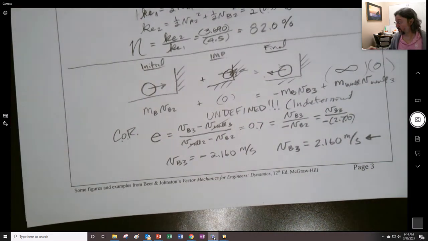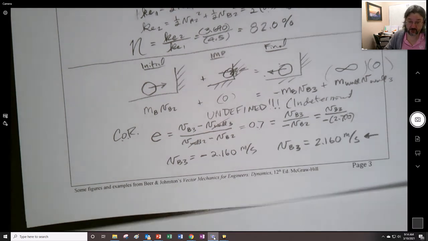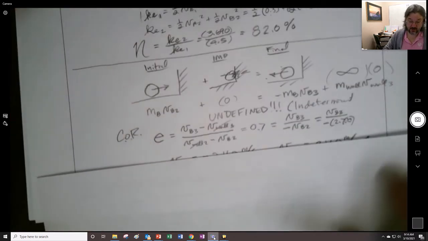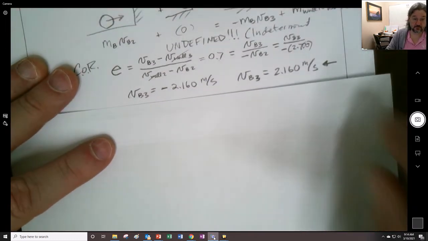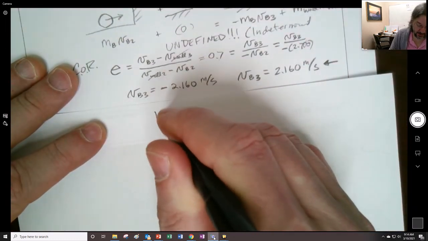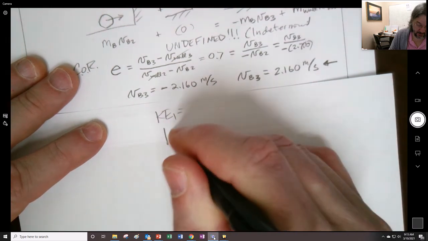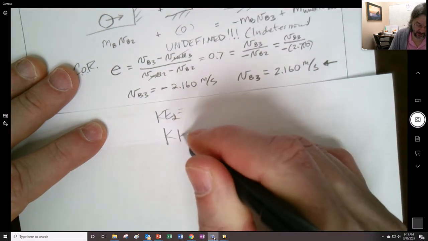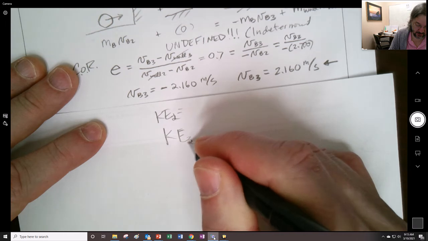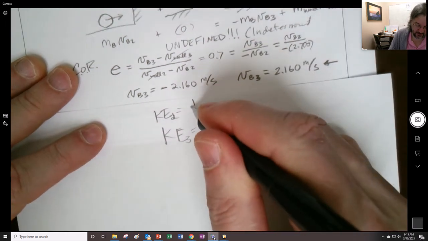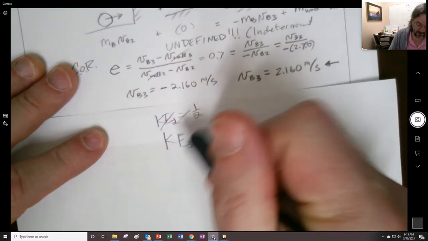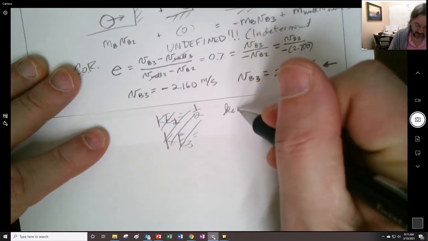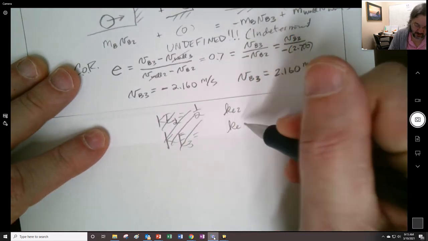Now, what we also want to do is figure out what the efficiency of the wall collision is. So let's figure out what KE1 is going to be, and well, let's call it KE2 and KE3. Once again, we're going to do this on a per mass basis, so maybe I should have written that as KE2 and KE3.